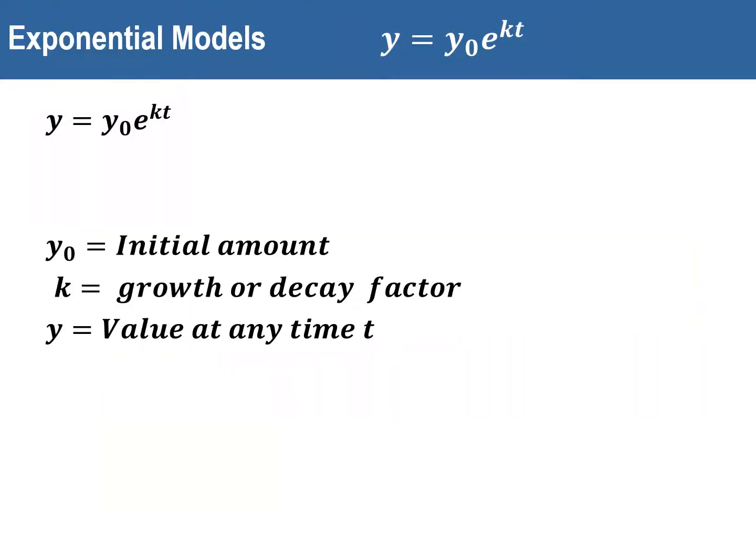We're going to do a number of models that are exponential in nature, and they're always going to be of the form y is y naught e to the kt, where y naught is your initial amount of your substance or the initial population. k is your growth factor, or your decay factor, depending on whether it's positive or negative, and y is your value at any time t.